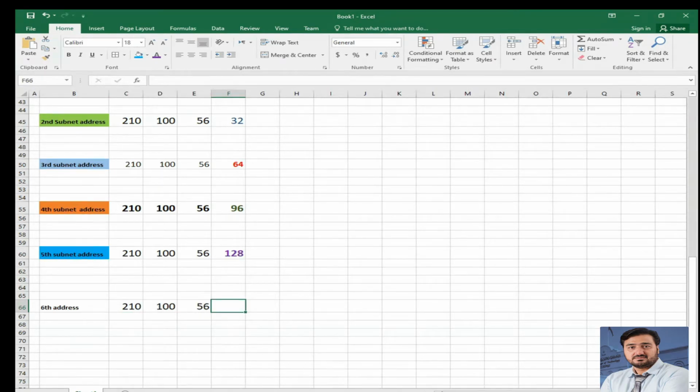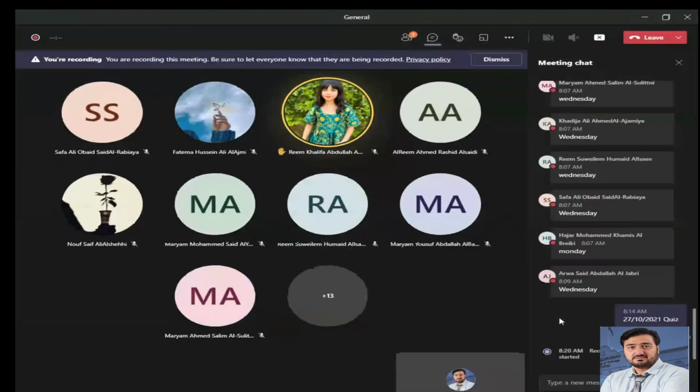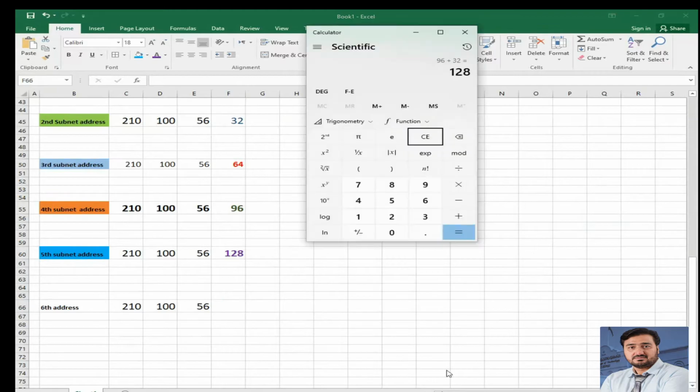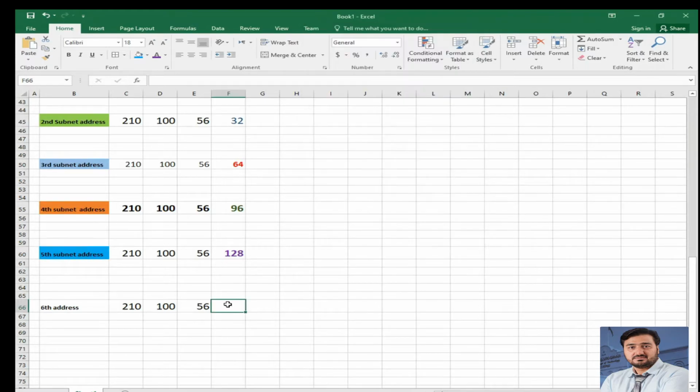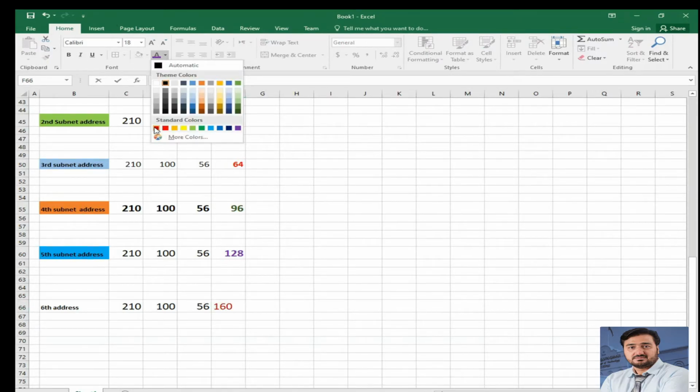Yes, 160. Let me double check here. 128 plus 32, and 32 is our block size, so it becomes 160. Good. Thank you very much.